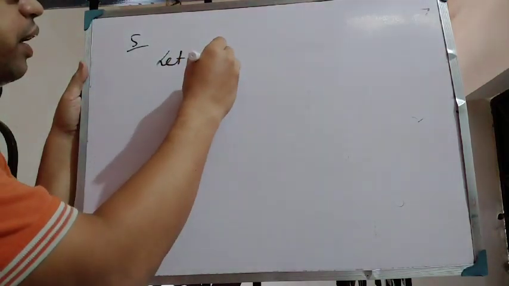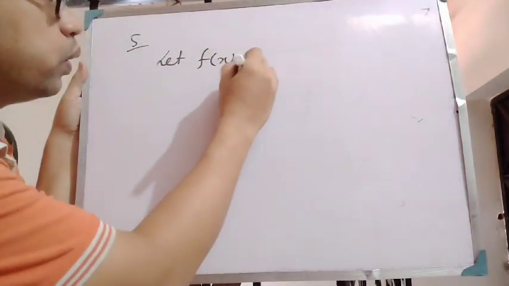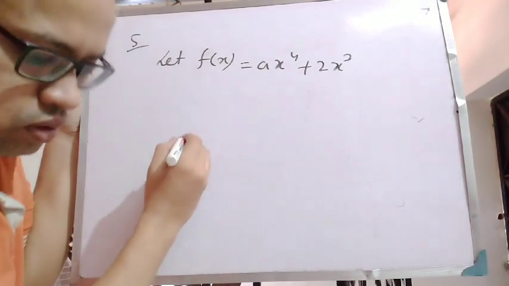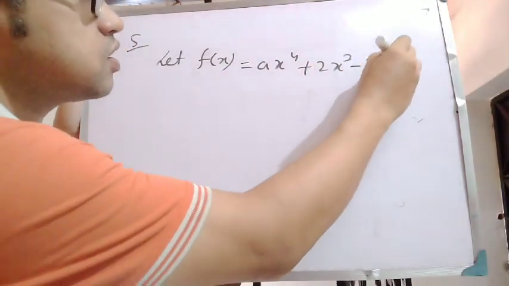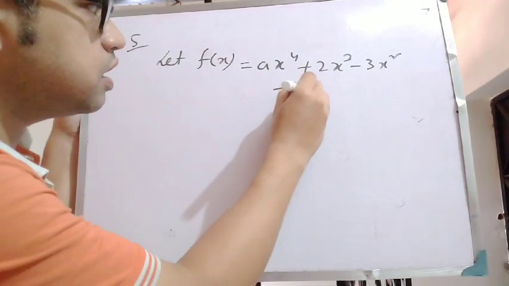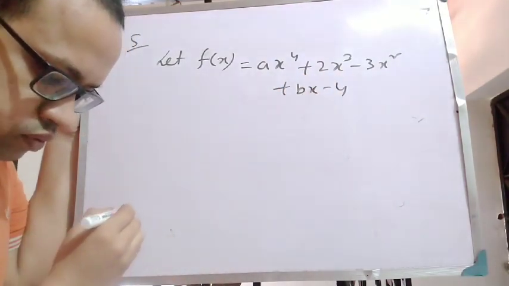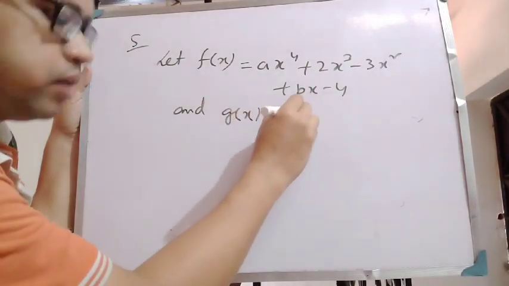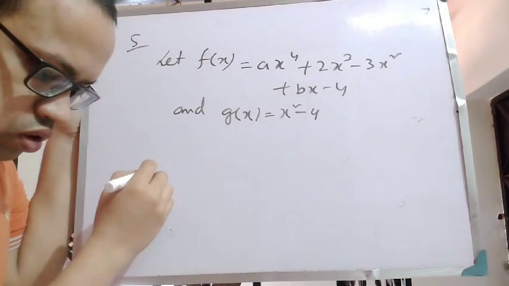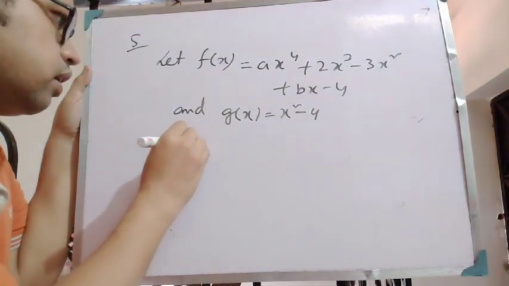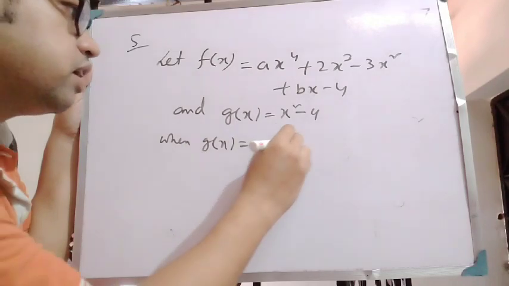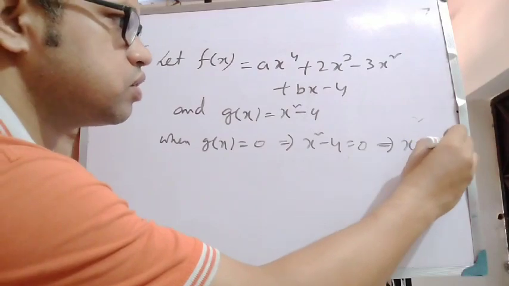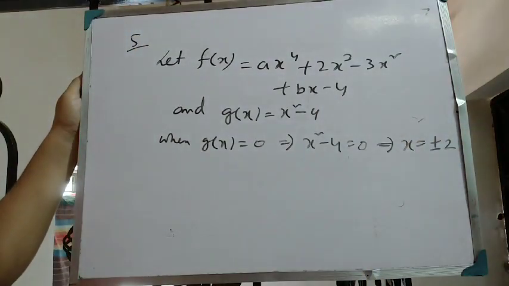Let f(x) equal ax^4 + 2x^3 - 3x^2 + bx - 4, and g(x) equal x^2 - 4. When g(x) is equal to 0, that gives you x^2 - 4 equals 0, and you know the solution of x will be plus minus 2.